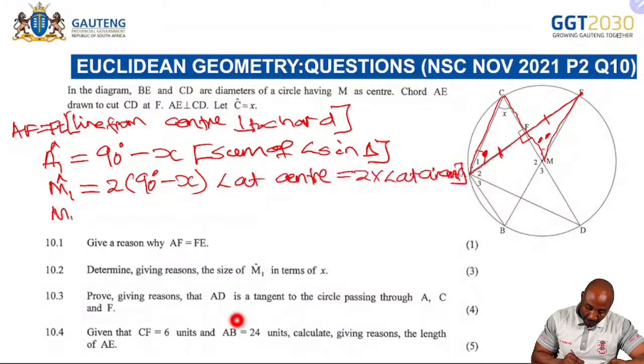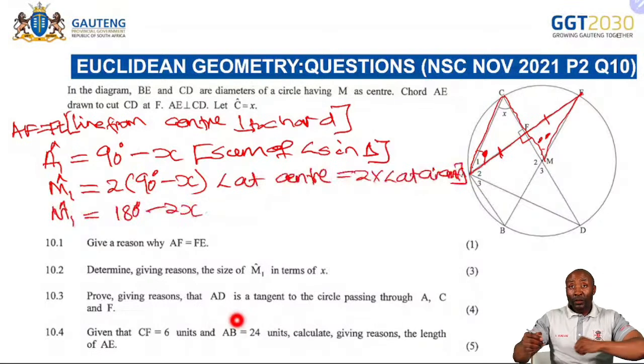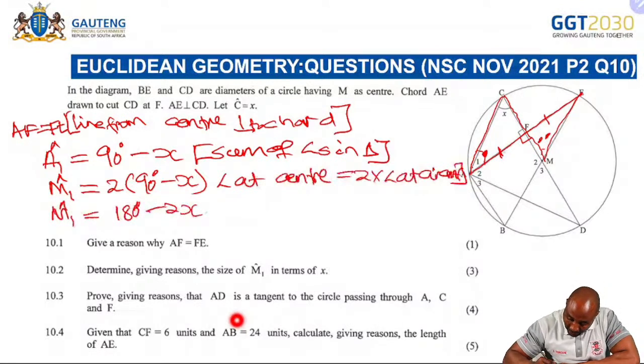So it means M1 will be equal to 180 minus 2x. Here it's 90 minus x. Here it's going to be 2 times that. It will be 180 minus 2x.